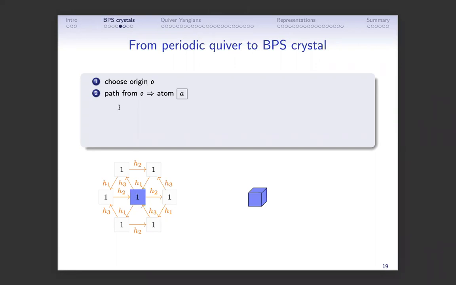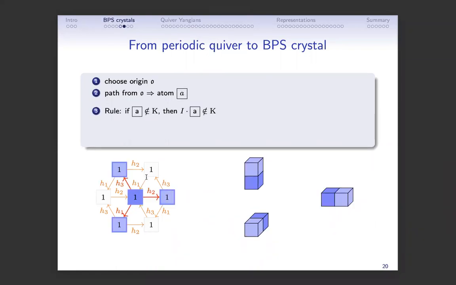Then each path from the origin corresponds to an atom in your crystal. There's the so-called melting rule, which says if an atom is not in your crystal, then any atom that's connected from this first atom by some arrow also shouldn't be in your crystal.